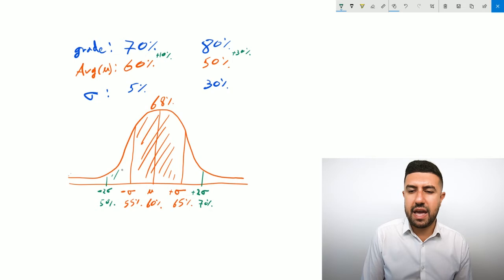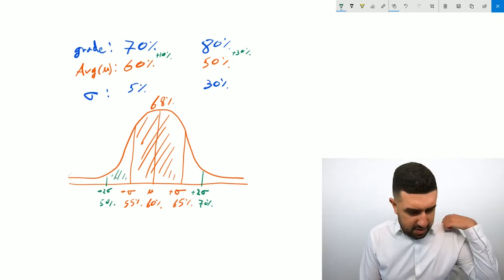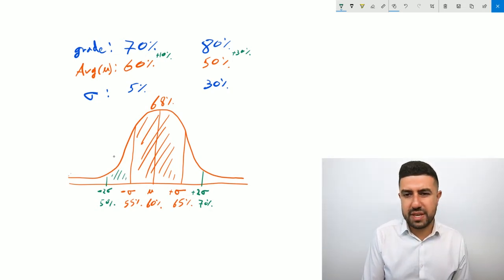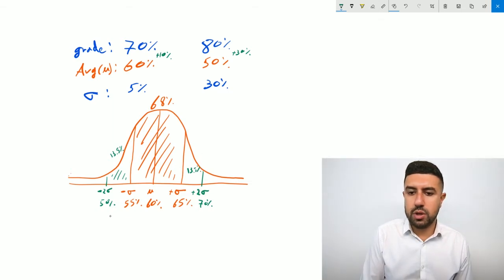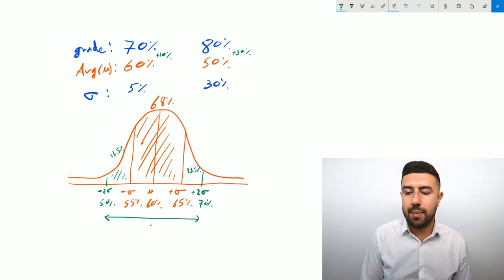And here we're going to have about 13 point something percent, let's say 13.5%. And here 13.5%. So in this whole section here, you're going to have about 96% of students.